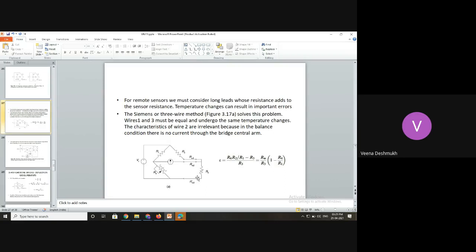That means in one arm unknown resistor, in the other arm the potentiometer is connected, and the value is adjusted in such a way that the null deflection is obtained.